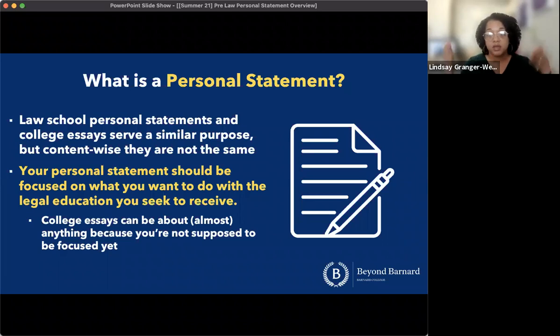For law school, they want you to focus on law. So for graduate school in general, law school specifically, it's really the time to narrow in and focus on these specific pieces of the application and talk about what could help you move forward. So I hope that made a little bit of sense.